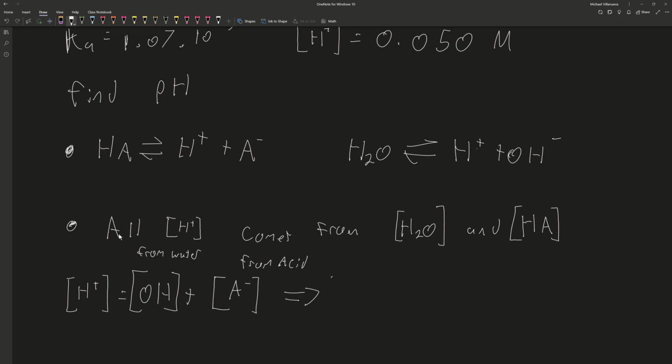We know that the concentration of A for any respectable acid is going to far, far, far outweigh the concentration of the autoionization of water.